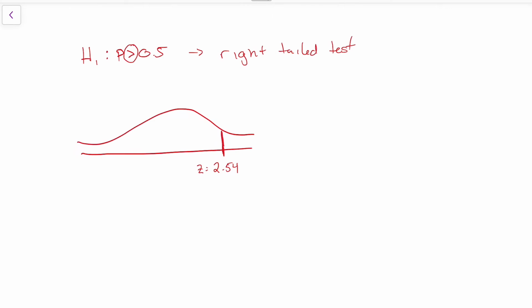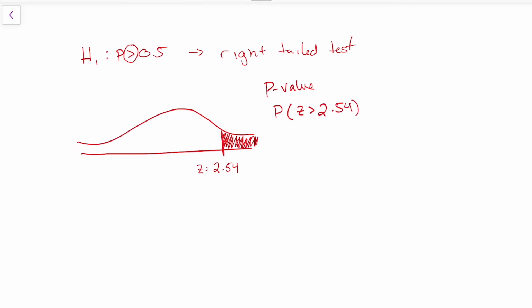If I have a right-tailed test, that tells me that all of the rejection region has to be to the right of this. So what I'm looking for in a p-value, my probability value, is the probability that any other value is greater than 2.54.